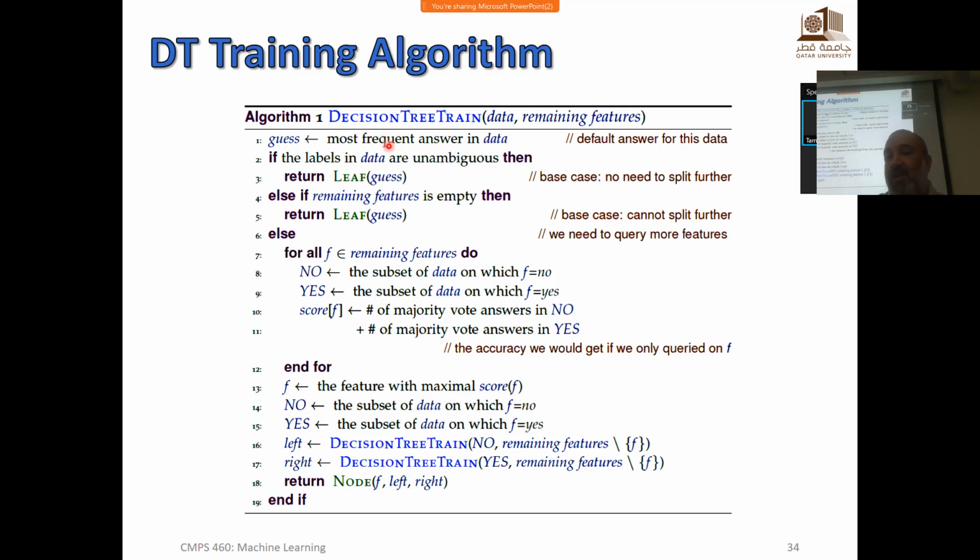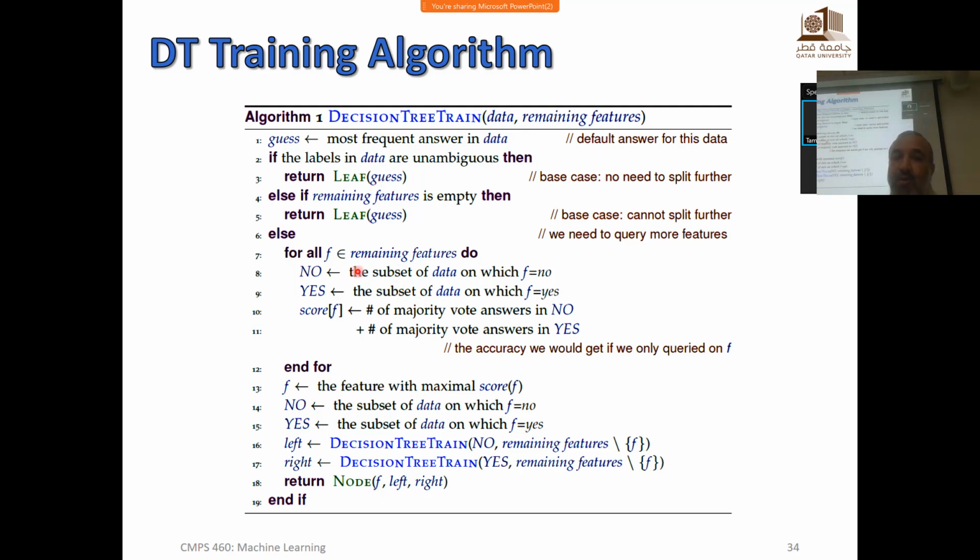Whatever the data that we have, we have to pick the most frequent one as the guess, and we check the two conditions that we just mentioned. If the data is unambiguous, if all the data is the same, or if we don't have any remaining features, we should stop and return the prediction. Now the prediction is the guess, the majority in the data that we have.